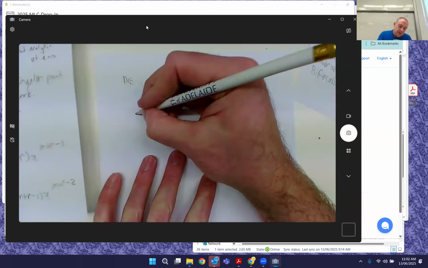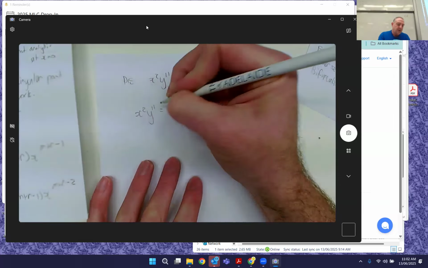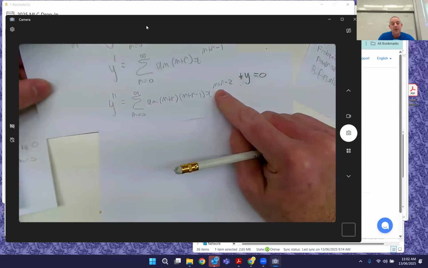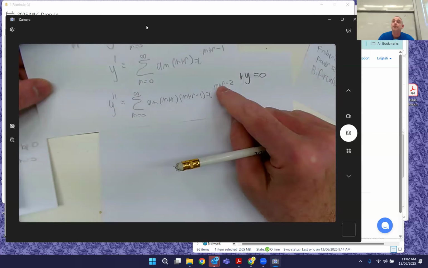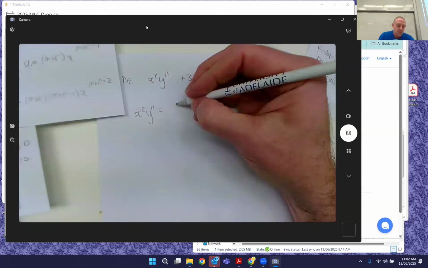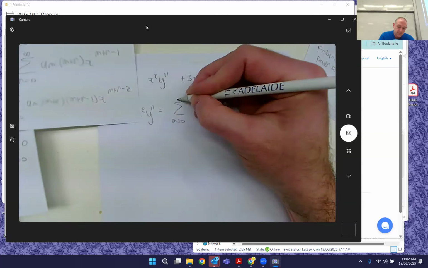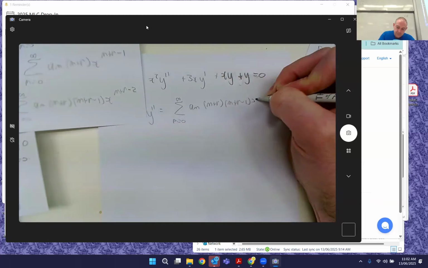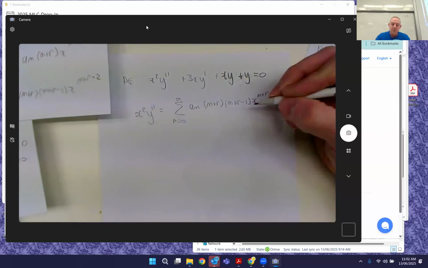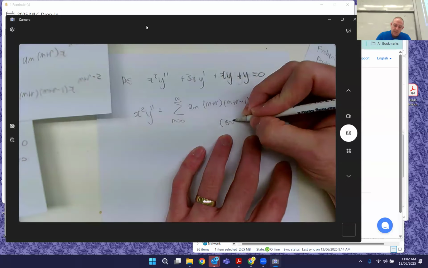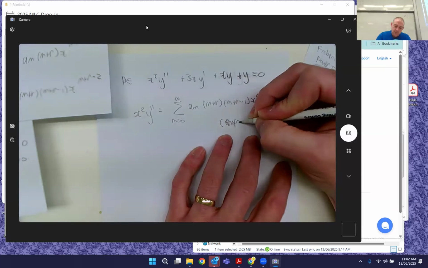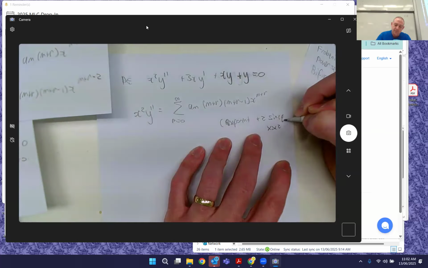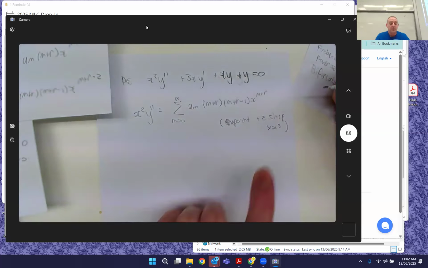So here we go. x squared times y double dashed is this one here times x squared. If I times by x squared, that'll make this exponent go up by 2. So it will be exactly the same. I'm just going to put a note here: exponent plus 2 since we times by x squared. That's why it went up from minus 2 up to 0.